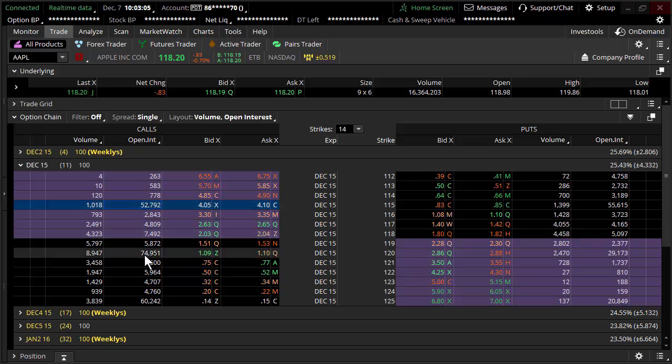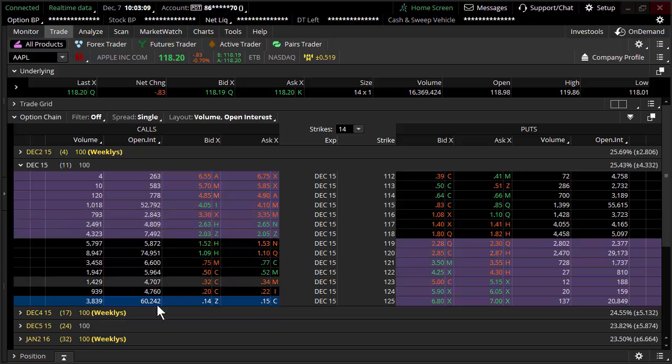Why do the 115s, the 120s, and the 125s, why do those three strikes, both in calls and puts, see the highest open interest? And I like to always reiterate this a bit. So you see heavy open interest here, here, here, and here. Why?